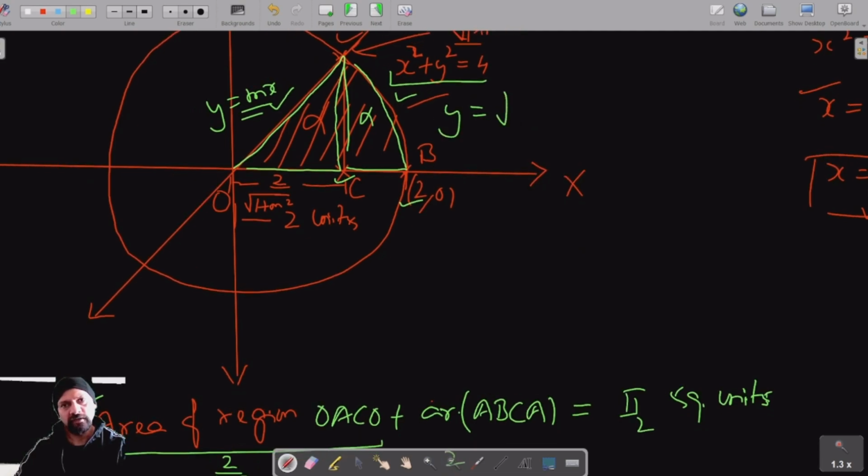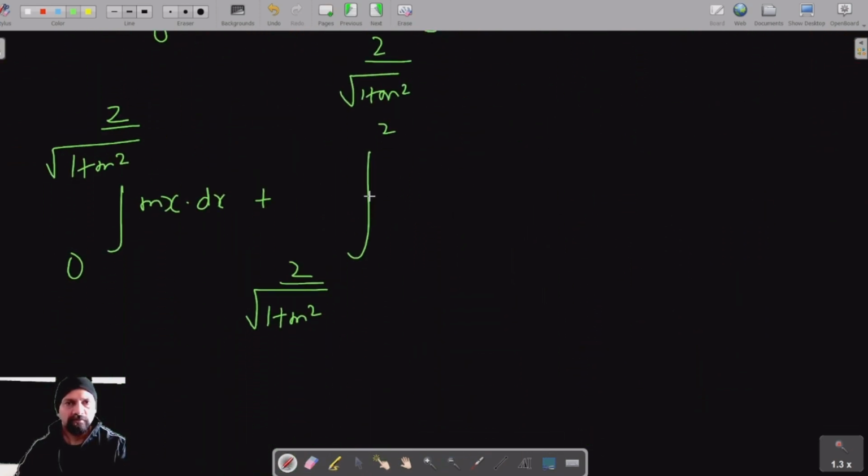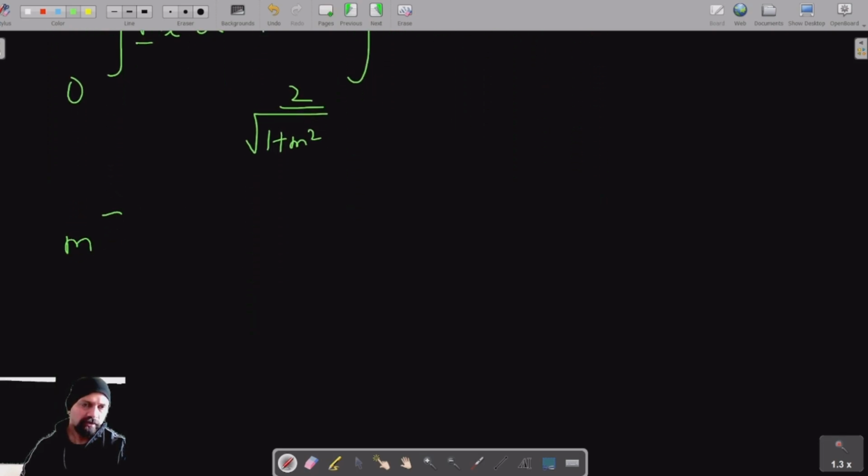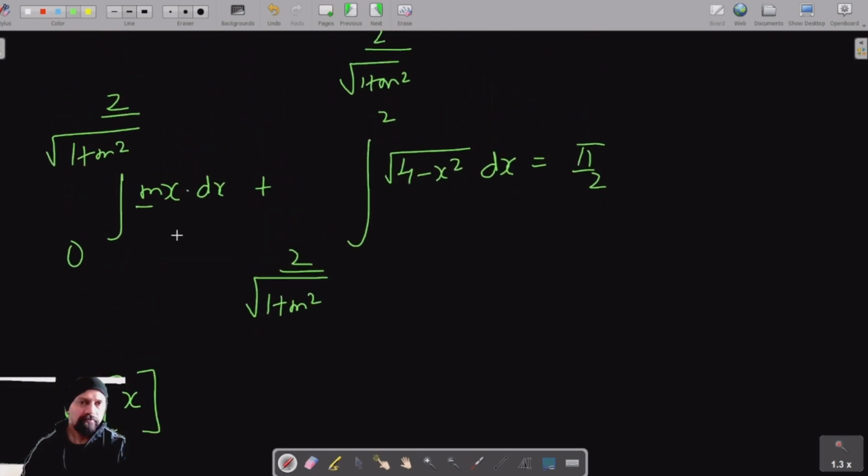From here we can get y is equal to under root 4 minus x square, so we write the integral of under root 4 minus x square into dx, equal to pi by 2. Now m is constant, so it comes out, and we are left with x.